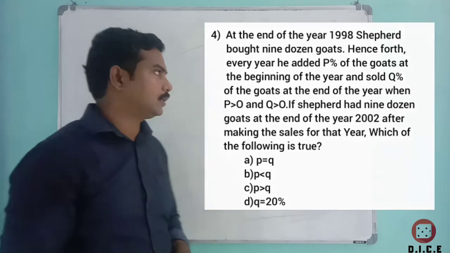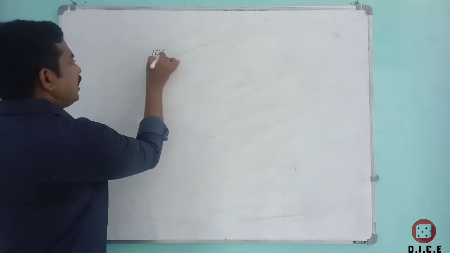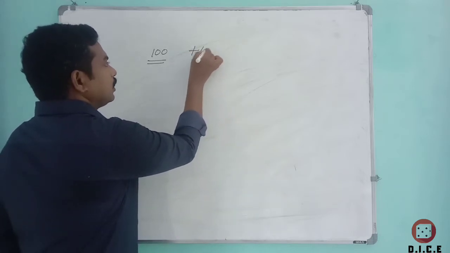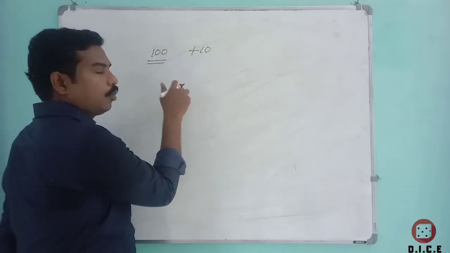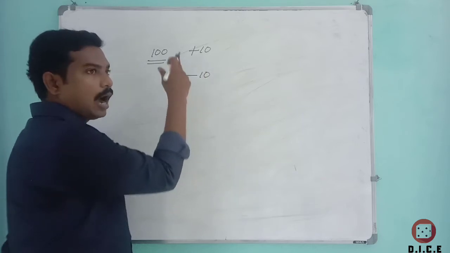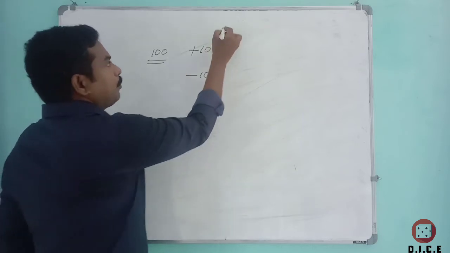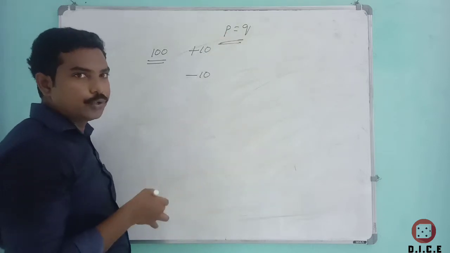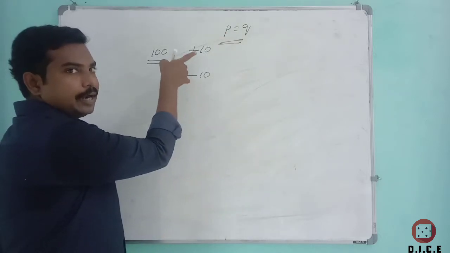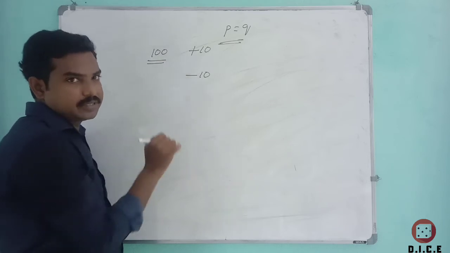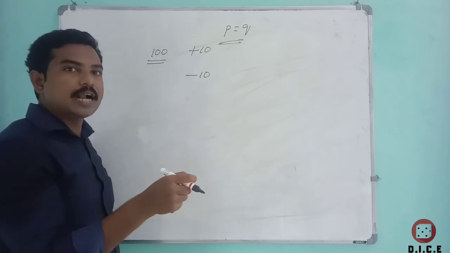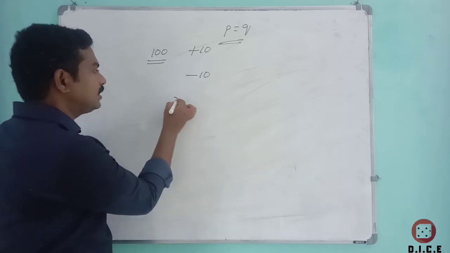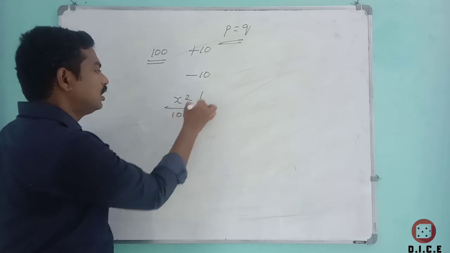Now let us consider the base value as 100. If I add 10 to 100, that will go on and be reduced by 10%. We are checking the case for P is equal to Q. When a common figure is added to 100 to make 110 and then reduced by 10%. When a common figure is added to a certain thing and reduced by the same figure, the formula is x square by 100, always a loss.